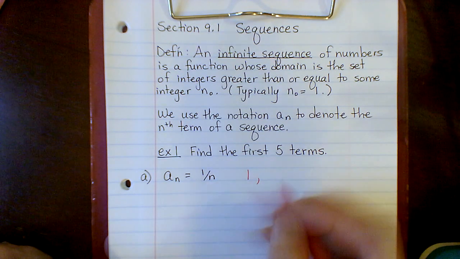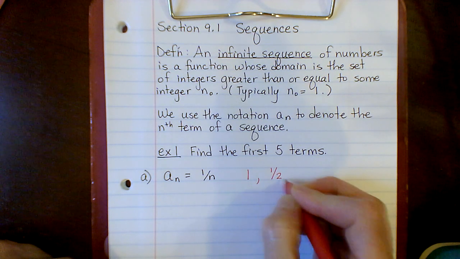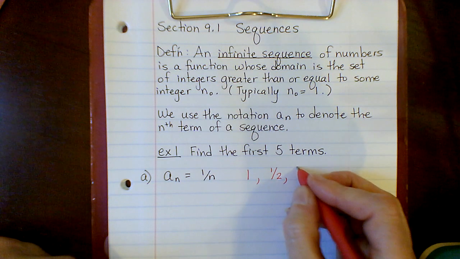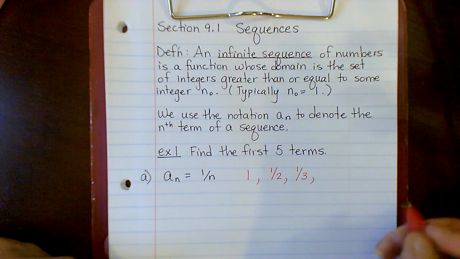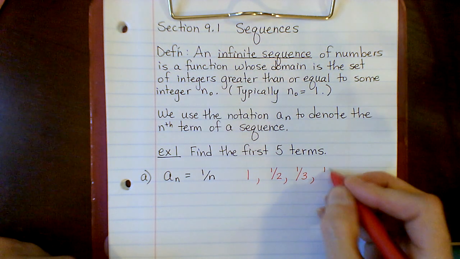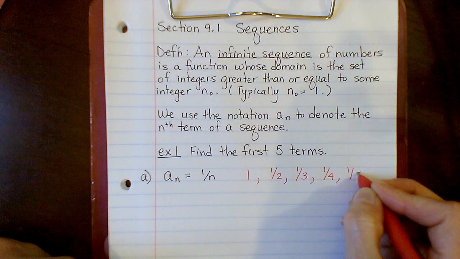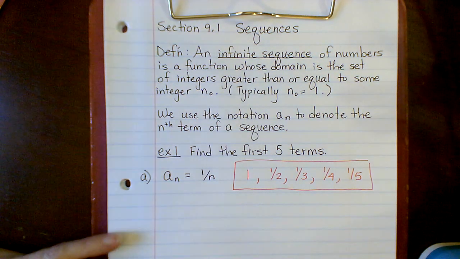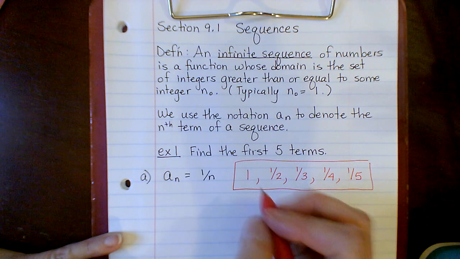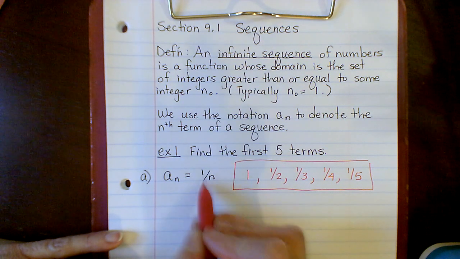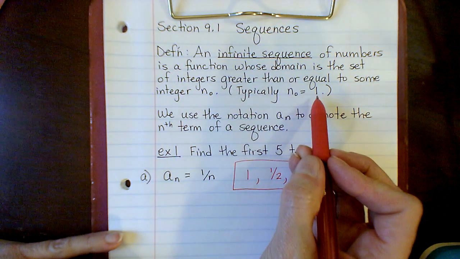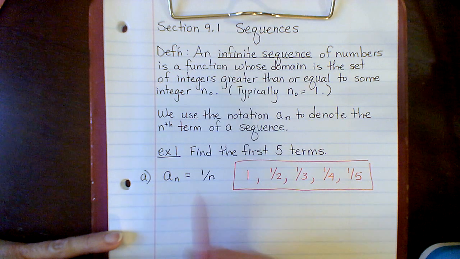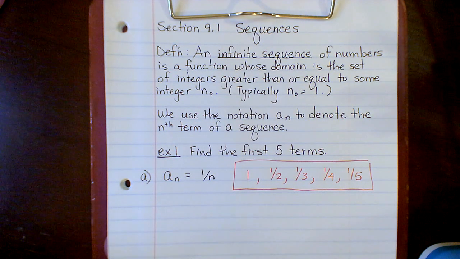So that second term is going to be 1 over 2. The third term would come from plugging in 3, and so on. So 1 over 4, 1 over 5. So these are my first 5 terms. Again, this came from plugging in 1, 2, 3, 4, 5 for n.